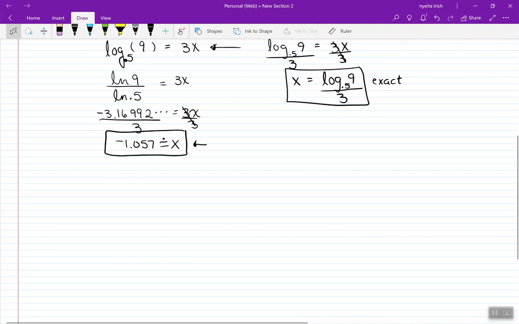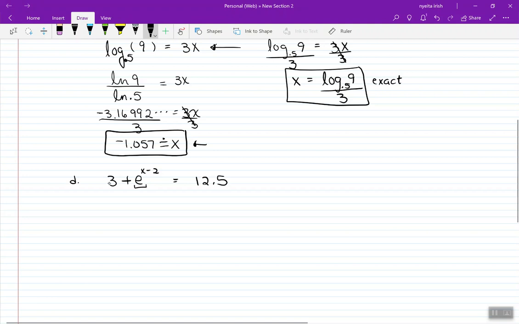For part D, this one is 3 plus e to the x minus 2 equals 12.5. Again, an exponential, ultimately going to need a logarithm in the problem to solve for x, but before I do that, I've got to clear away everything around that exponential.